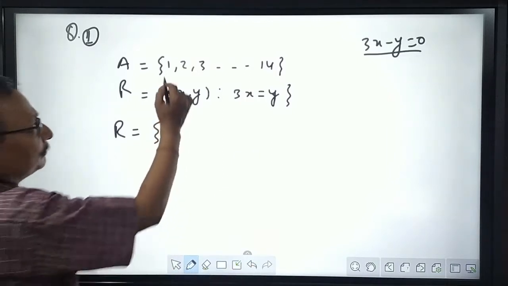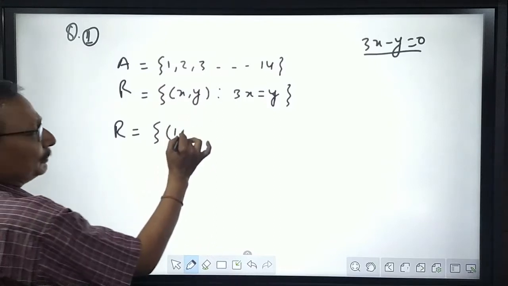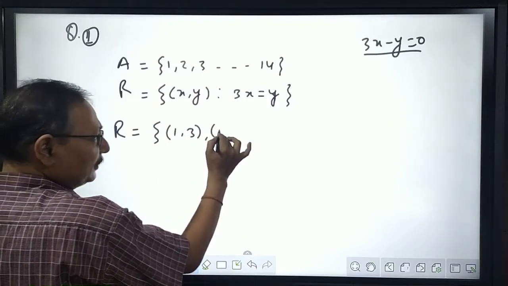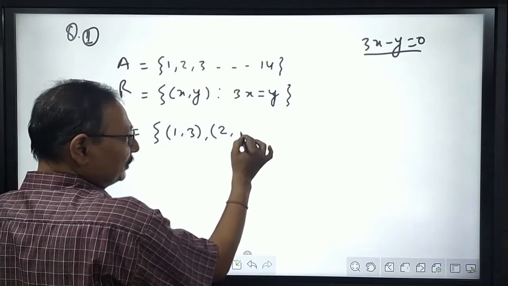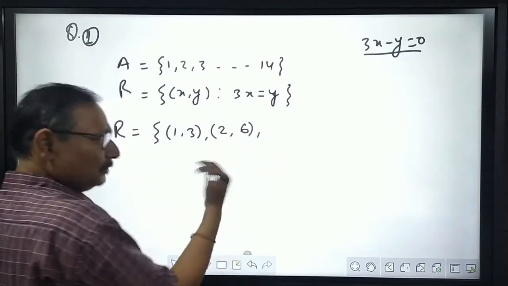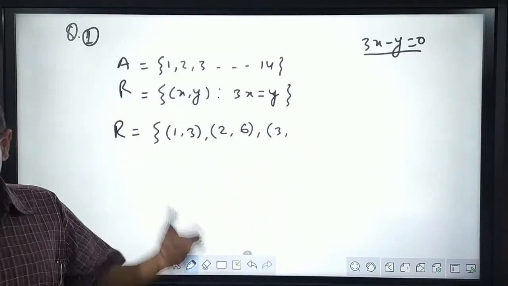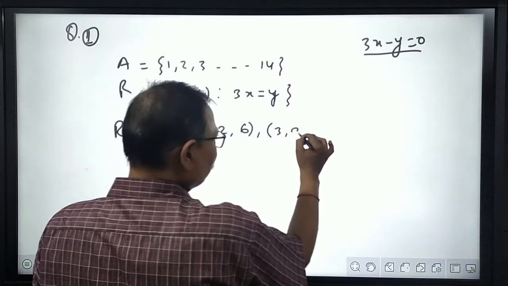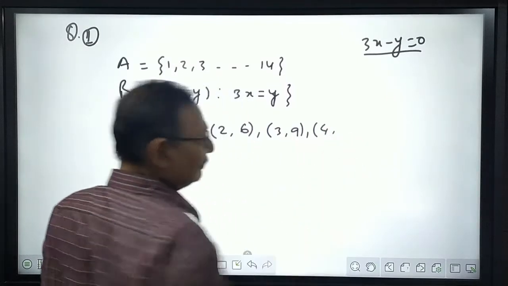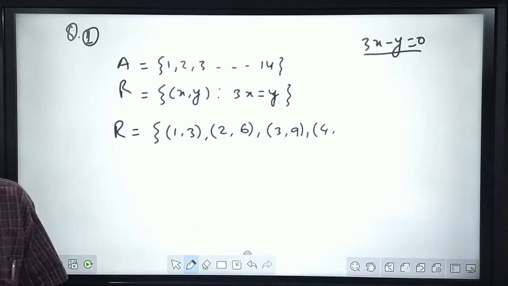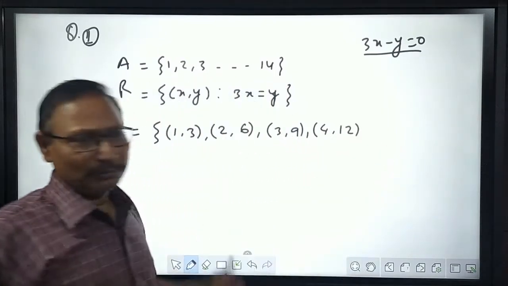If I take x as 1, then clearly y will be equal to 3. If I take 2 as x, then y will be 3 times that, 6. If I take 3 as x, then y will be 9. If we take x as 4, then its 3 times is 12, so this pair is also a member of the relation.